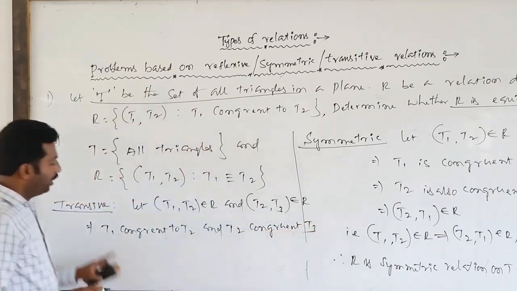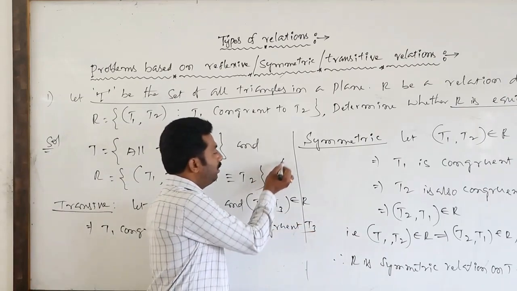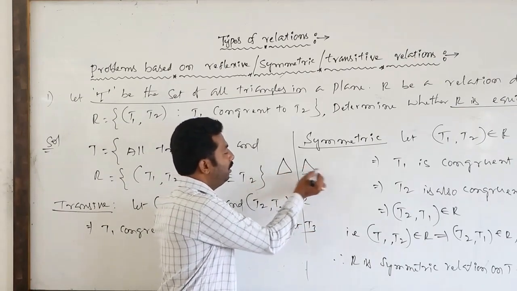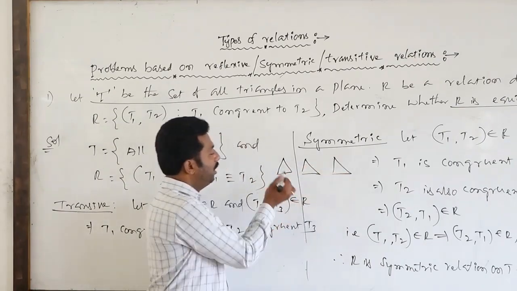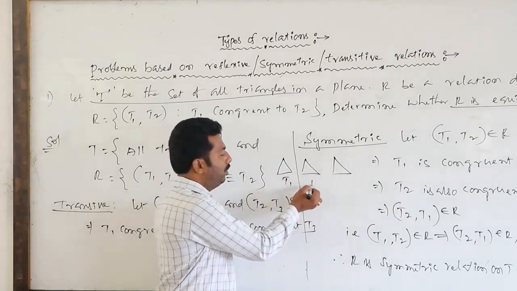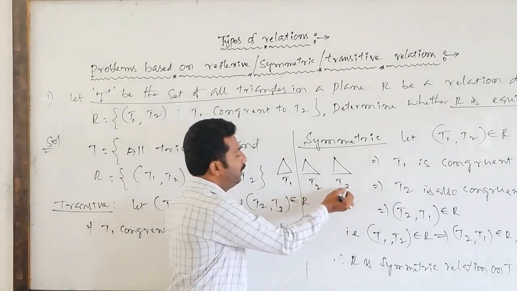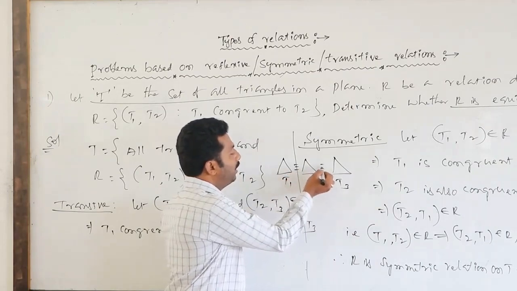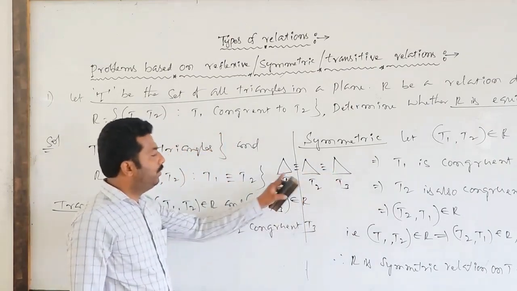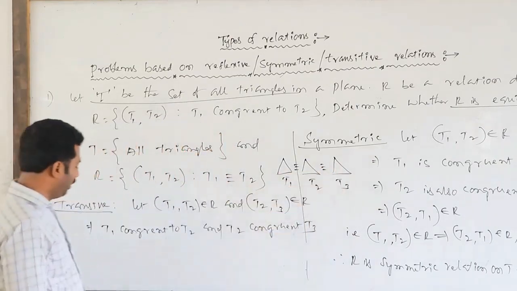See here, suppose this is the triangle T1, T2, T3. T1 is congruent to T2, T2 is congruent to T3. So all these triangles are congruent. So T1 is also congruent to T3.